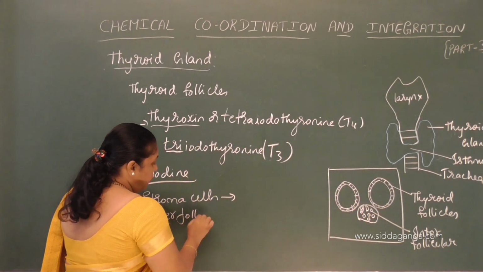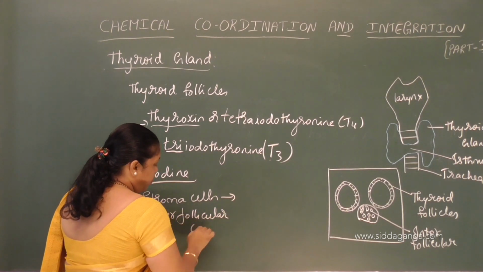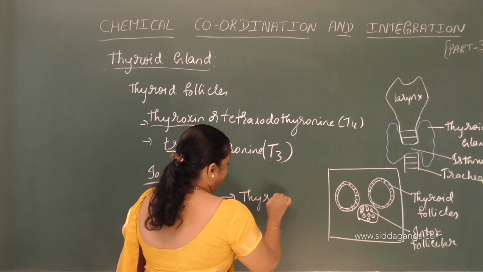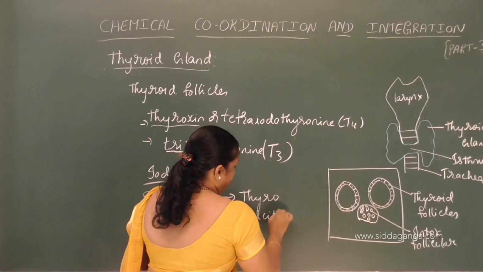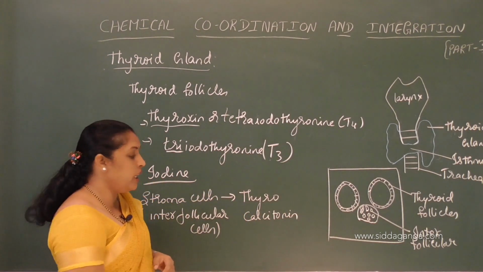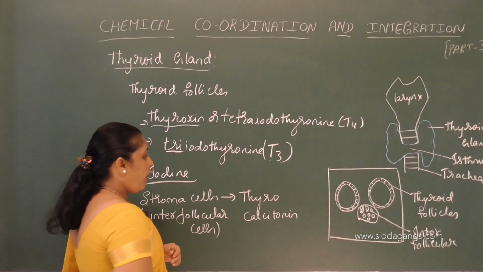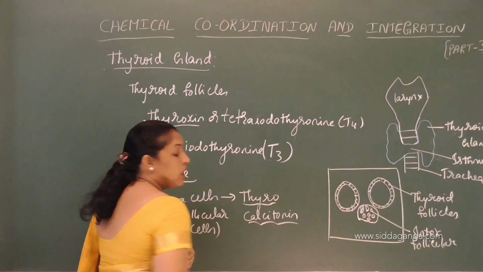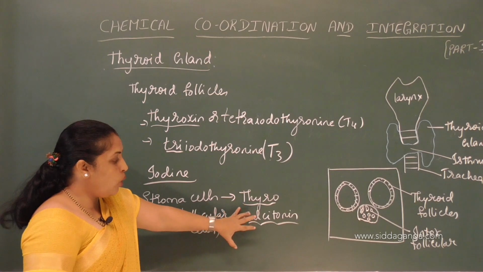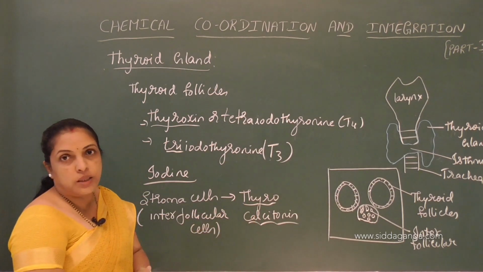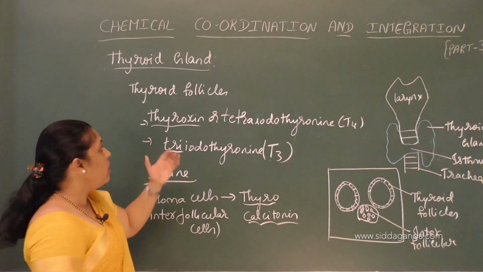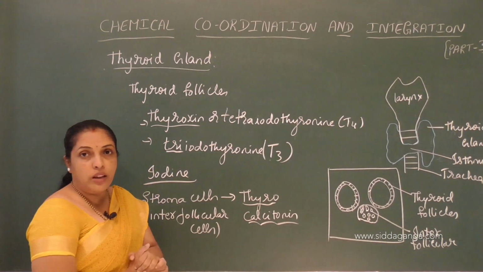So interfollicular cells produce a hormone called thyrocalcitonin, which lowers the calcium level in extracellular fluid. That is about the hormones produced by the thyroid gland.